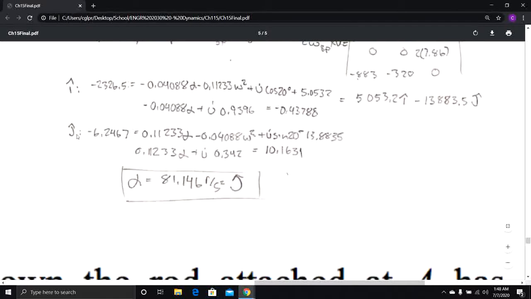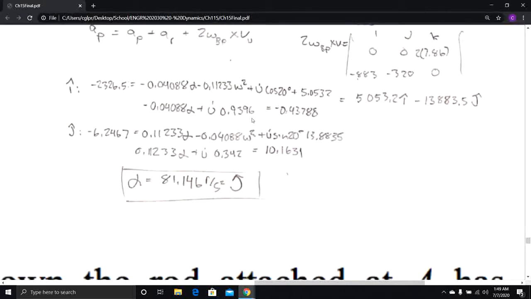Do the same thing for the j component, then I can solve simultaneously by multiplying this entire row by 0.342 divided by 0.9396 and subtract everything over. And that leaves me with just an alpha. You can then divide the values over to the constant and solve for alpha.